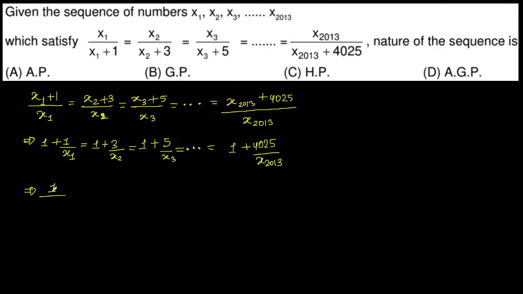We are getting 1 by x1, 3 by x2, 5 by x3, dot dot dot, 4025 by x 2013.